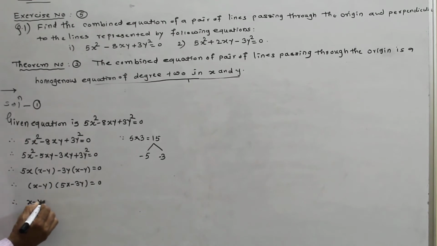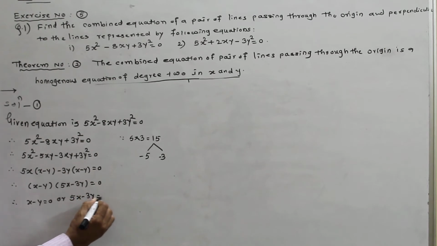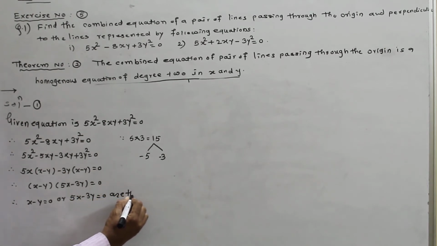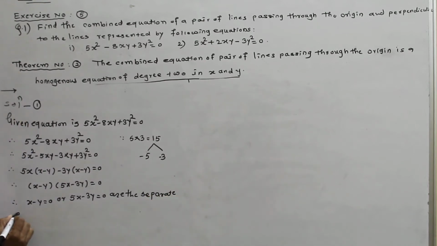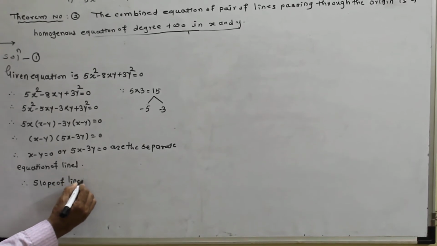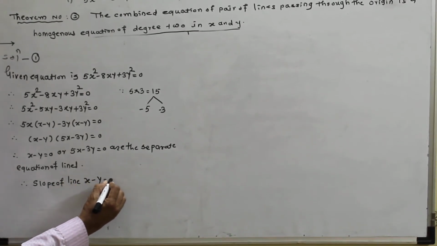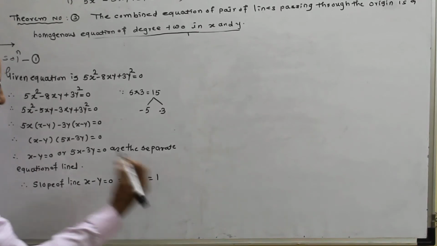So x minus y is equal to 0 or 5x minus 3y is equal to 0 are the separate equations of lines. Now find the slope of these lines. The slope of the line x minus y is equal to 0 is minus 1 upon minus 1, which is equal to 1.